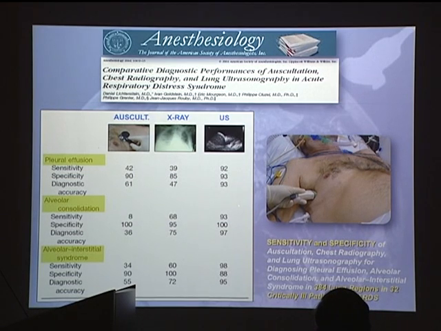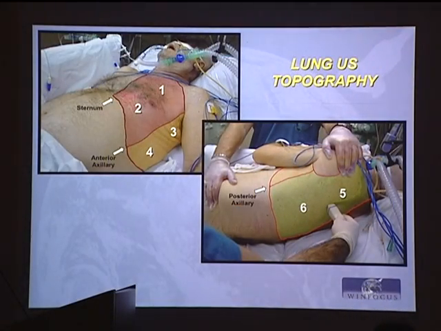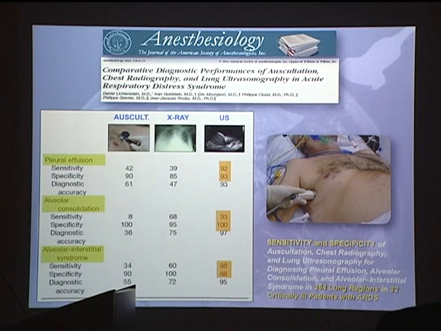Where lung ultrasound is making really a difference in our practice, I'm using this paper among many of similar outcome that is studying and matching the performance of ultrasound in terms of specificity and sensitivity against X-ray and the traditional clinical examination with a stethoscope.